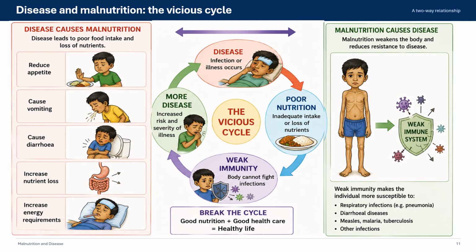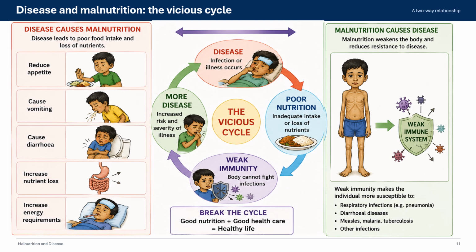When it occurs, it leads to poor nutrition. And when there is poor nutrition, the poor nutrition will lead to inadequate intake or loss of body nutrients. And this will lead to weak immunity, making the body more susceptible to infection. And ultimately, this will lead to increase in the disease.